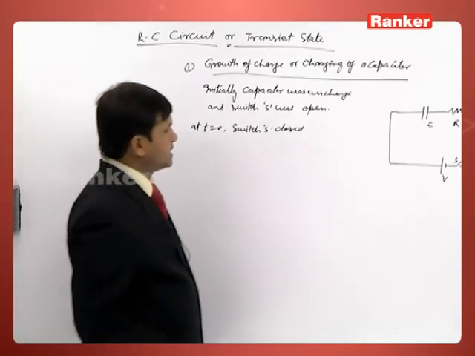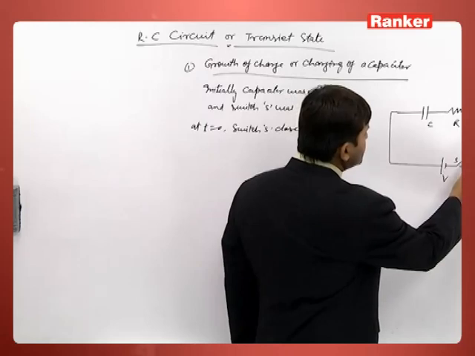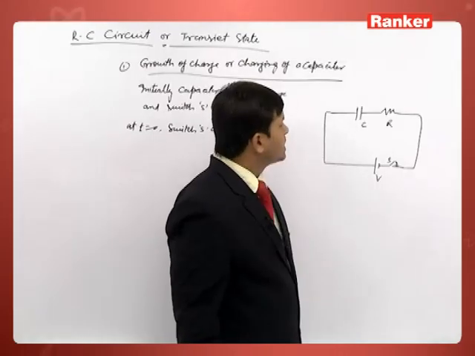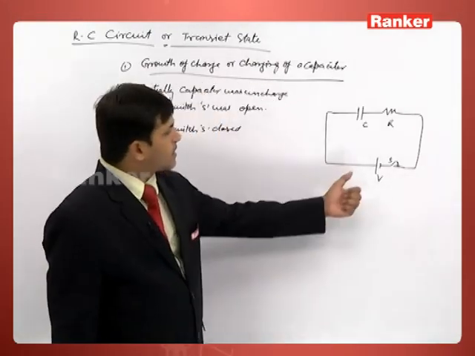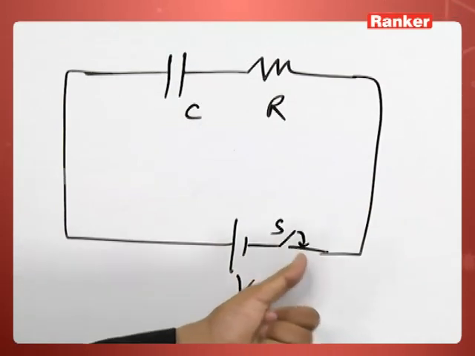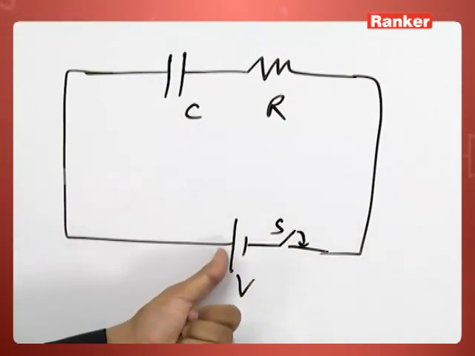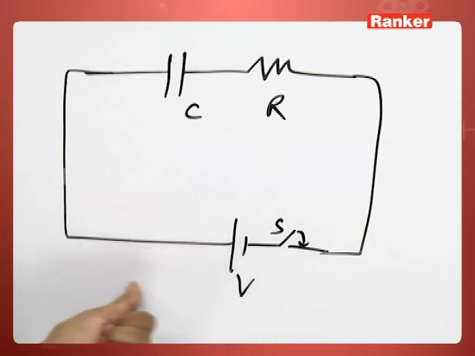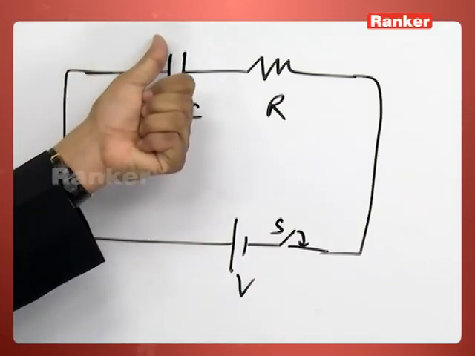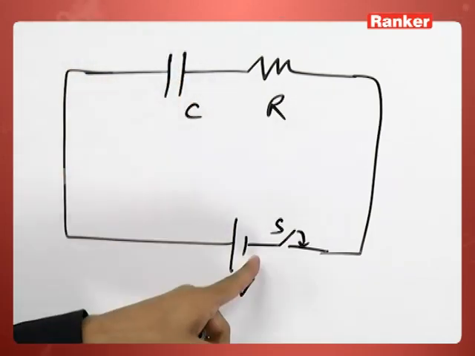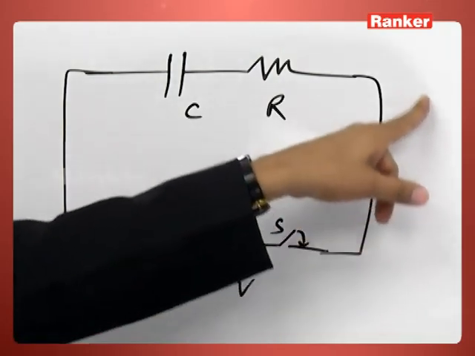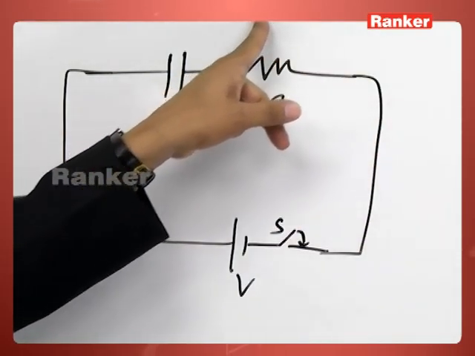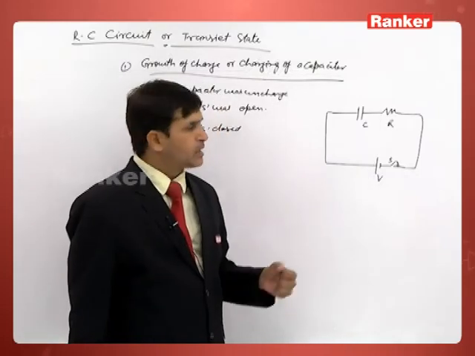What is the meaning of this? As soon as the switch has been closed, by closing switch S, I connected the higher potential terminal of a cell with one plate of the capacitor and the lower potential terminal of the cell with the other plate of the capacitor.